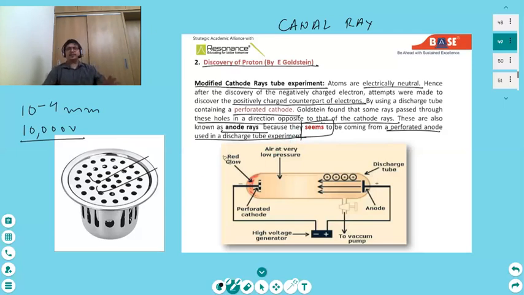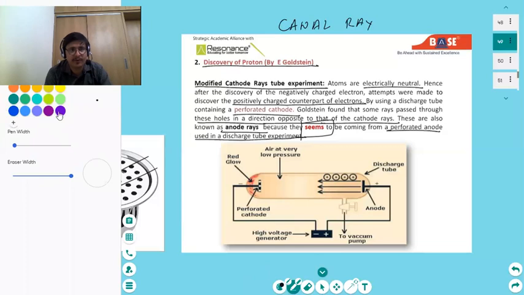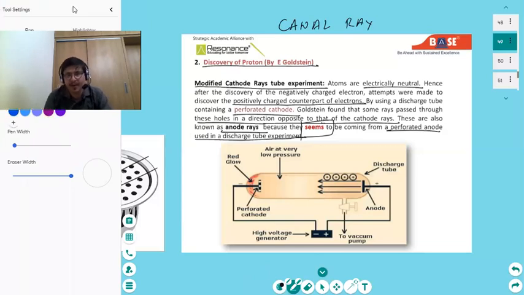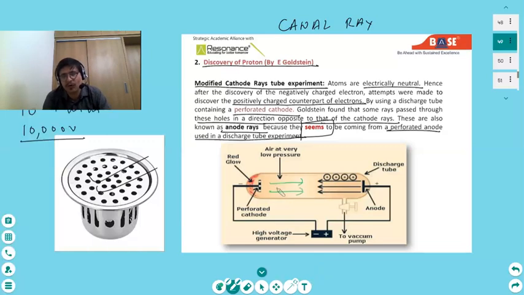So this is the normal setup that Goldstein sir has used, the same concept of Thomson: a glass tube, a vacuum pump to reduce pressure, a DC source, that is a current source, a perforated cathode, and a normal anode. So initially, when he applied the conditions, cathode rays were seen to move from cathode to anode. Cathode rays were also there.